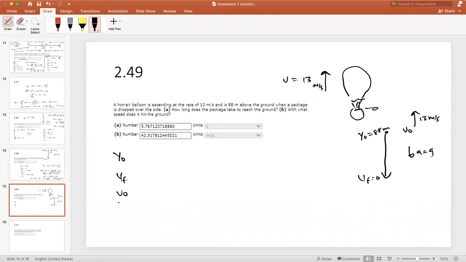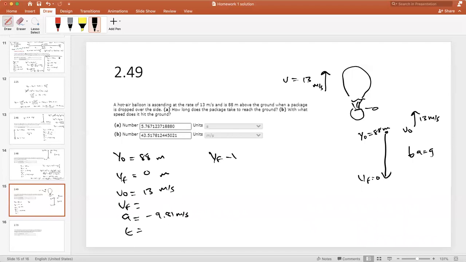This time I will do the quadratic for the time, just for the heck of it. So this is 88, this is 0, this is 13. We don't know what v final is. This is minus 9.81 meters per second squared, and we don't know the time.